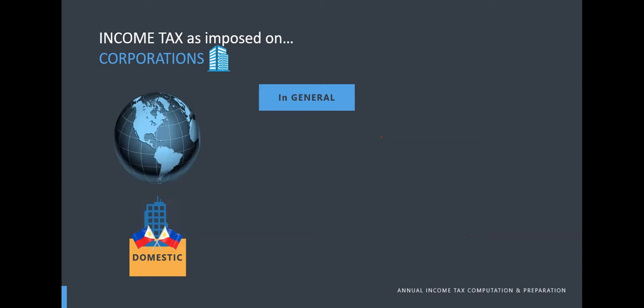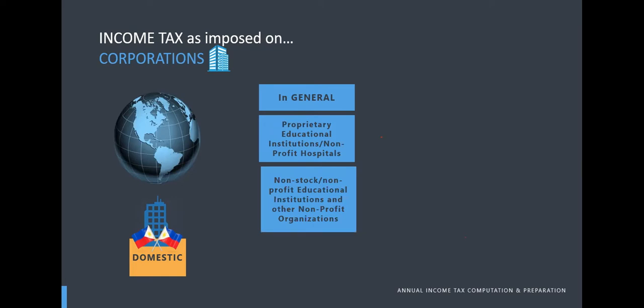Domestic corporations in general, we have different kinds of domestic corporations. In general, those that are involved in manufacturing, service, etc. Another one is proprietary educational institutions or nonprofit hospitals, non-stock nonprofit educational institutions and other nonprofit organizations, and government-owned and controlled corporations.